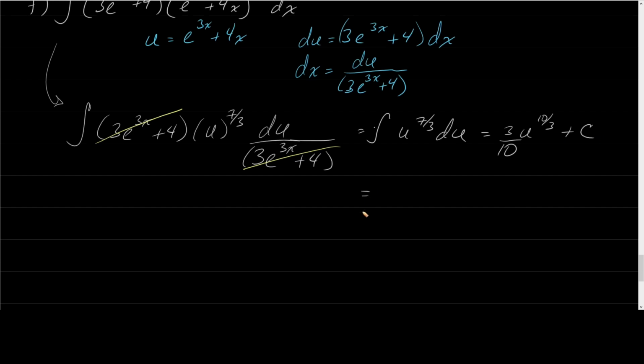But the problem was not about u, so it's going to be 3/10 times e to the 3x plus 4x to the 7/3 plus c. And that would be the final answer. Next one, G.